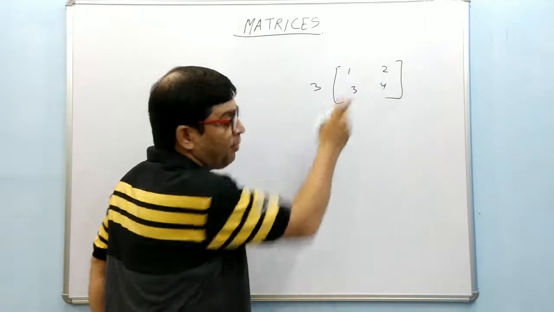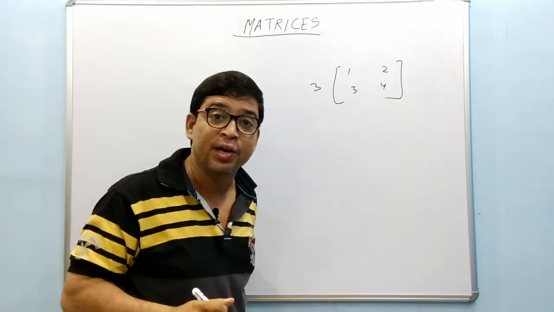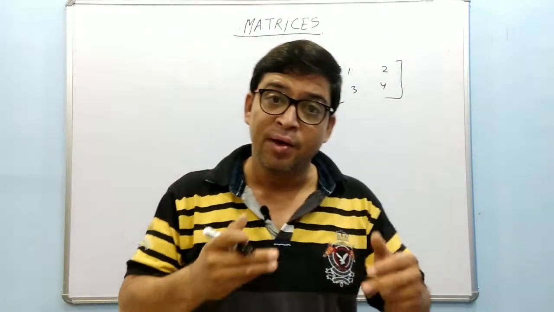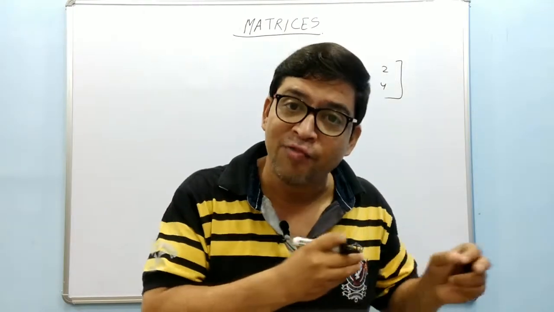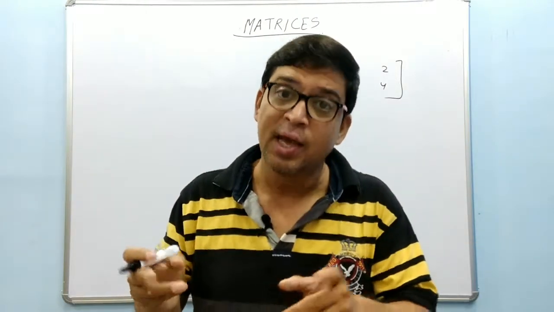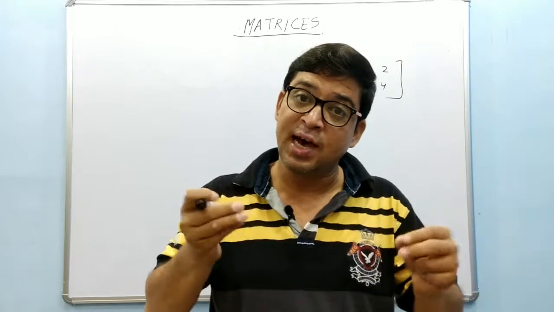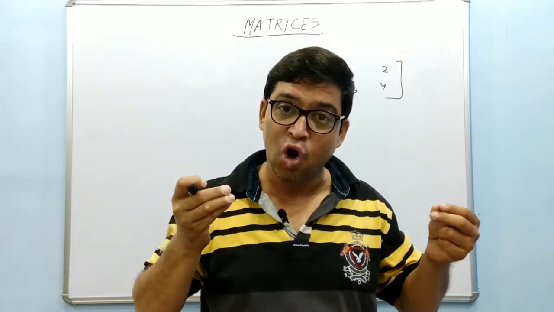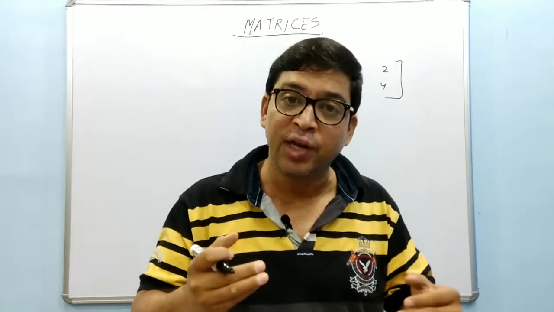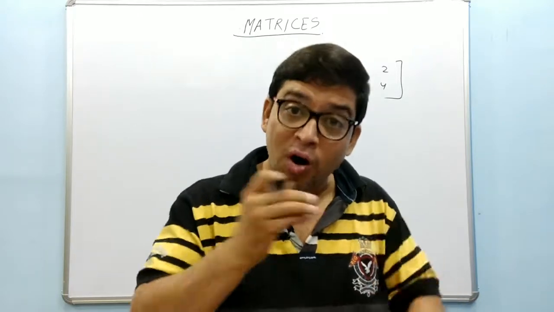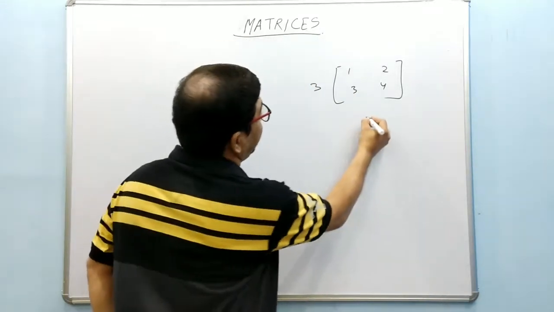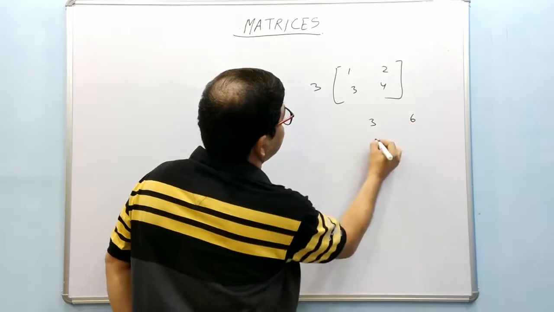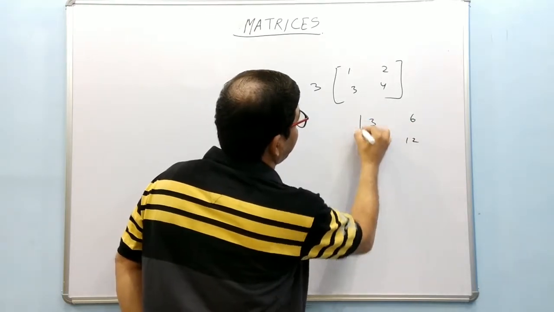So 3 will be multiplied to each and every element. When we have to multiply a scalar, it will be multiplied to all the elements, and vice versa. If we have to take something common, we have to take it common from all the elements. See here, I am multiplying, it is coming out to be 3, 6, 9, 12.